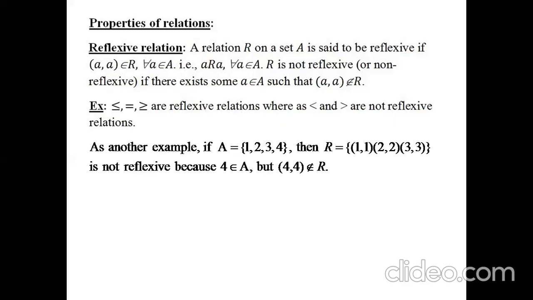As another example, suppose the set A equals {1, 2, 3, 4}, then R, which is given by {(1, 1), (2, 2), (3, 3)}, is not reflexive because we observe that the element 4 belongs to the set A, whereas (4, 4) does not belong to the relation R. That is the reason this given relation, consisting of the ordered pairs (1, 1), (2, 2), (3, 3), is not reflexive.